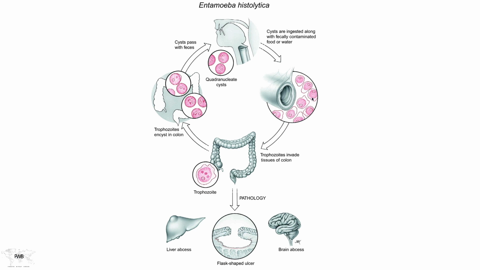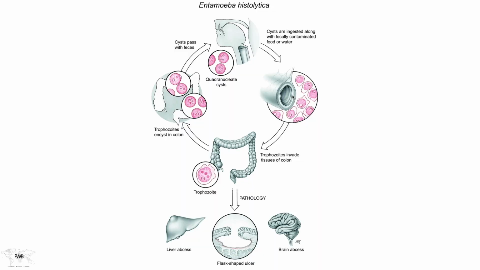And this all occurs in the large intestine. This organism, by the way, like Giardia, is an anaerobe. It immediately invades the tissues and begins the pathological process, which could result in a frank bloody diarrhea or dysentery. And this takes several weeks to develop, and it occurs in the transverse colon for the most part.